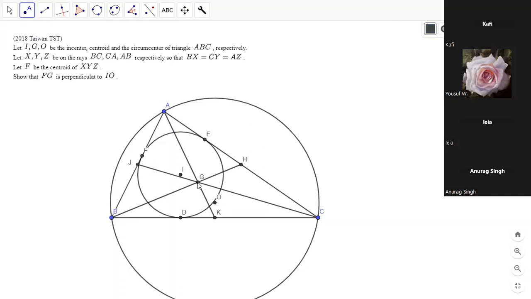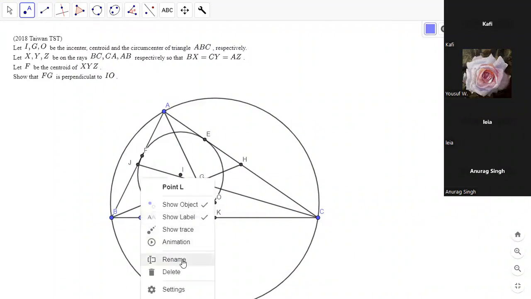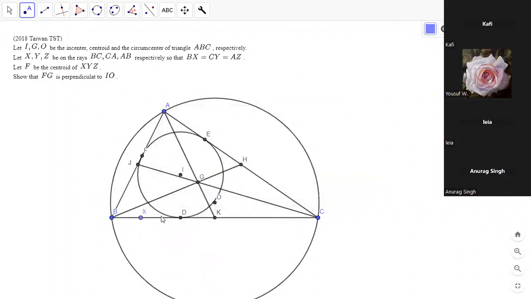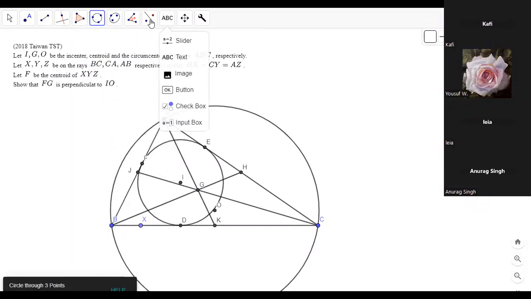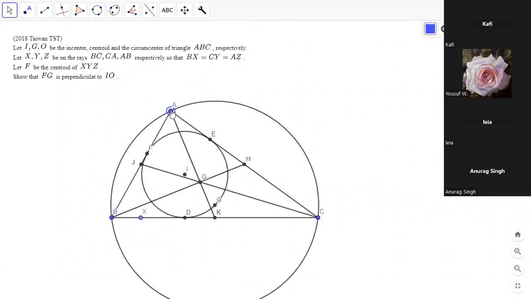And X, Y, and Z are on the rays BC, CA, and AB, so that BX equals CY equals AZ. Oh yeah, I could have done that. The only thing with that is you don't see the medians, but I don't know how important that really is.